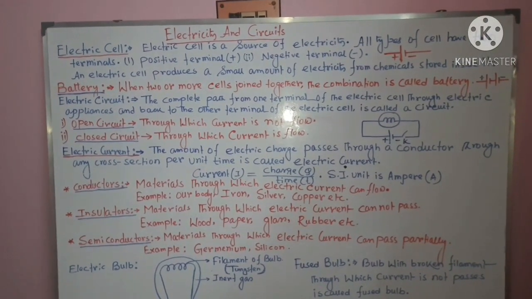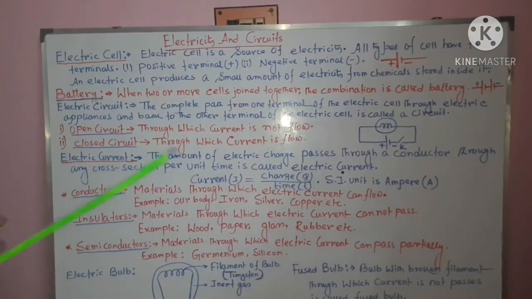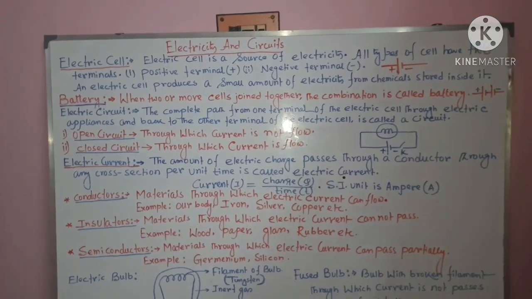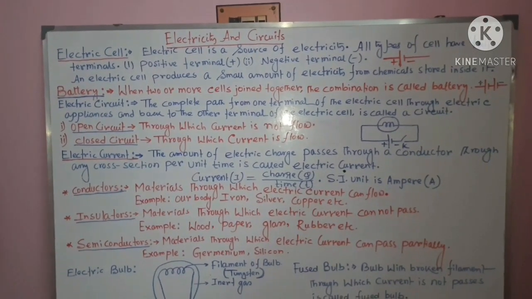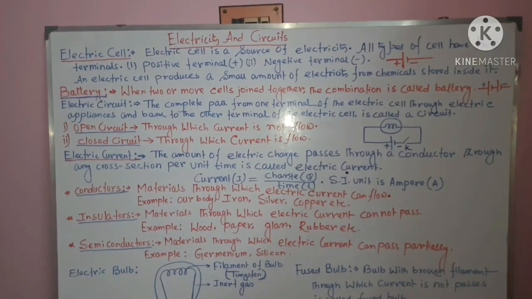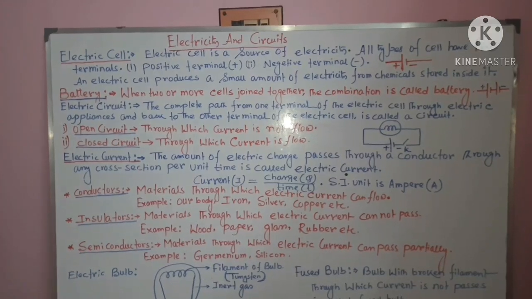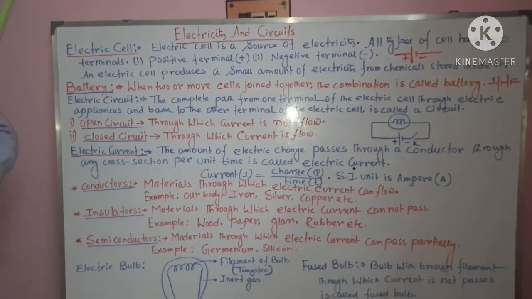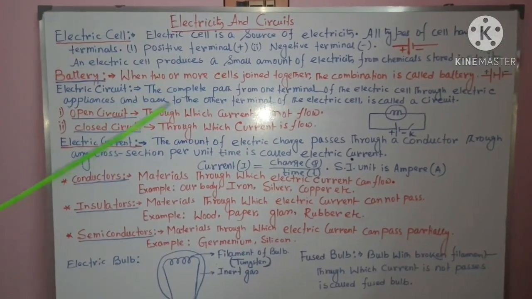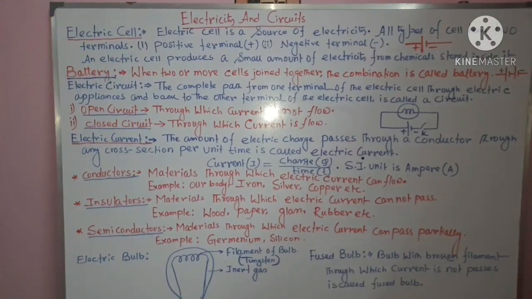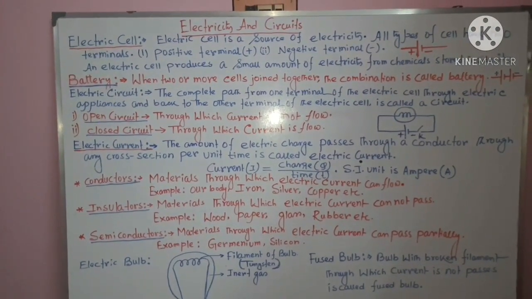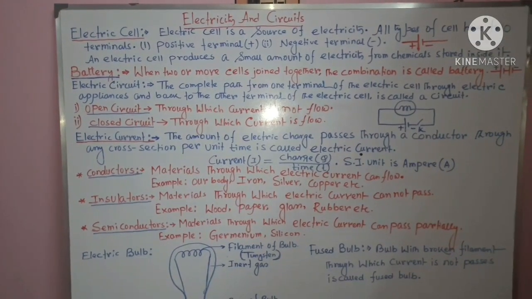The charge in nature is of two types, positive charge and negative charge. Whenever two bodies have the same type of charge, say positive positive or negative negative, between those two bodies there is an electrostatic force of repulsion. And whenever two bodies have opposite charge, one positive and the other negative, between those two bodies there is an electrostatic force of attraction. So this is the idea of electric charge.